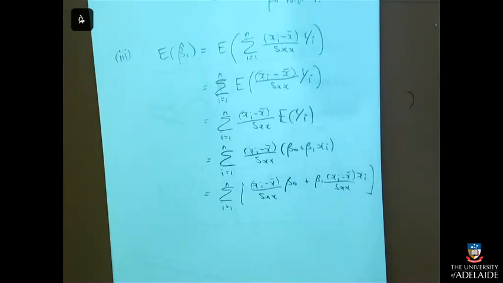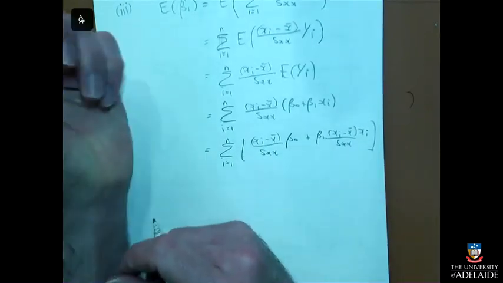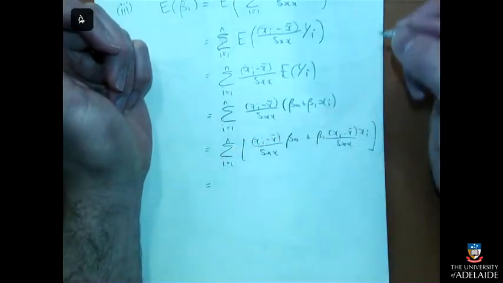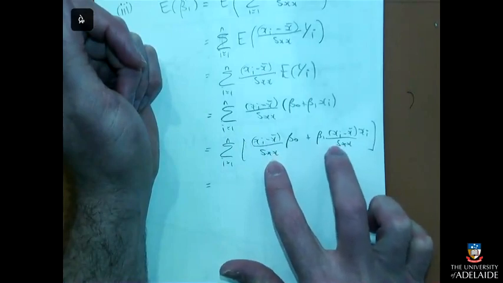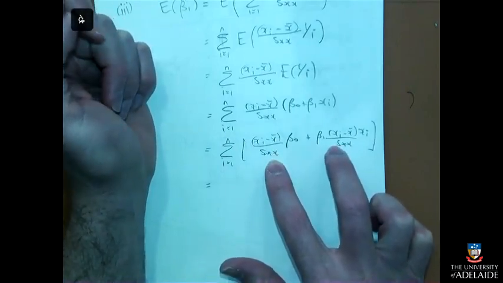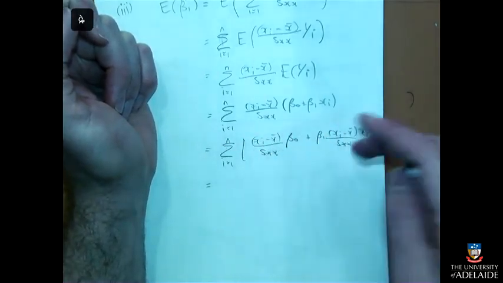Okay. So let's deal with this sum. I might be able to do something all in one go if I like. I know I can add these two things separately because that's how sum notation works. And I know that anything that doesn't involve an i can come out of the sum. So this beta naught and this Sxx can come out.